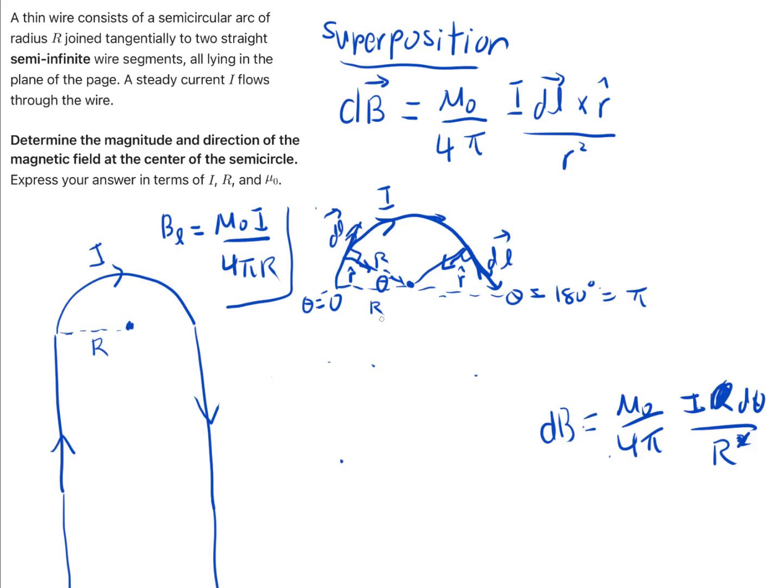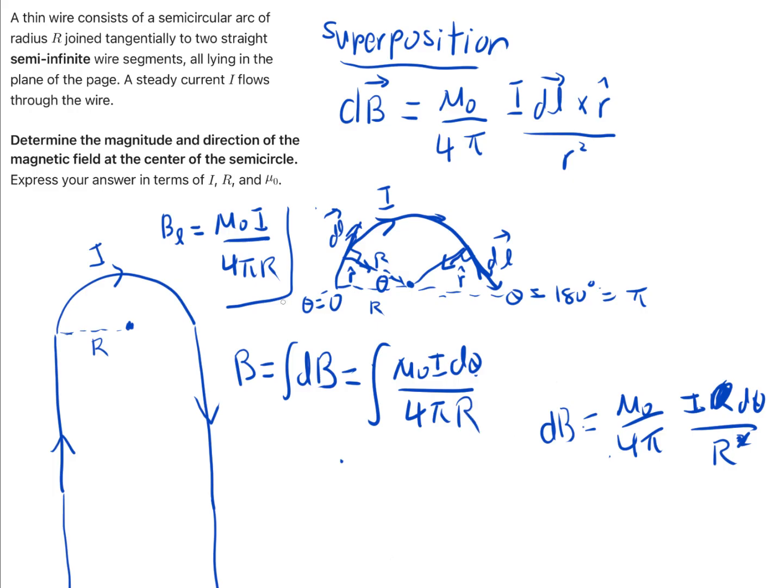And so now to find the total magnetic field, again, we just sum over all of the dBs, all of the little magnetic fields from each little current element. So the total magnetic field is the integral of dB, and this is just the integral of mu naught I d theta over 4 pi r.